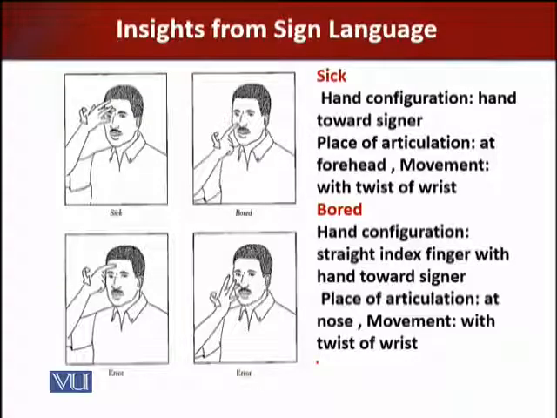Now look at the hand configuration. The place of articulation for sick is at the forehead, with movement with a twist. For bored you can see the hand configuration is a straight index finger with the hand toward the signer, the place of articulation is at the nose, and the movement is a twist of the wrist.